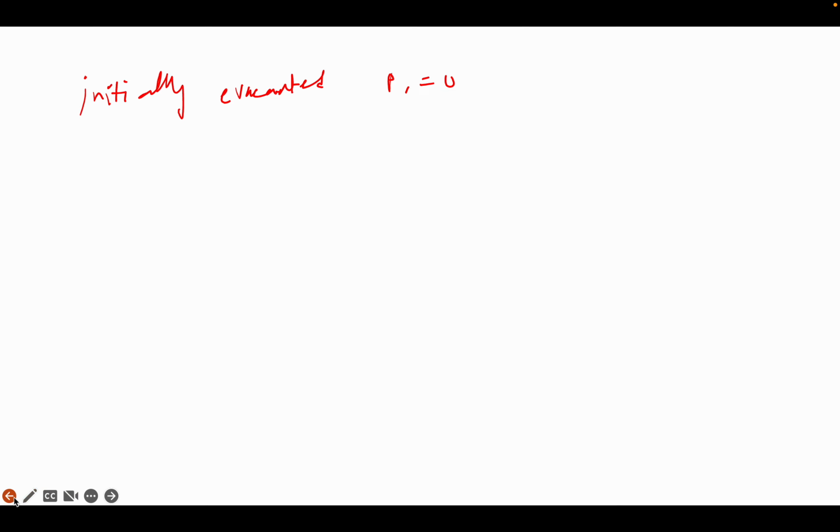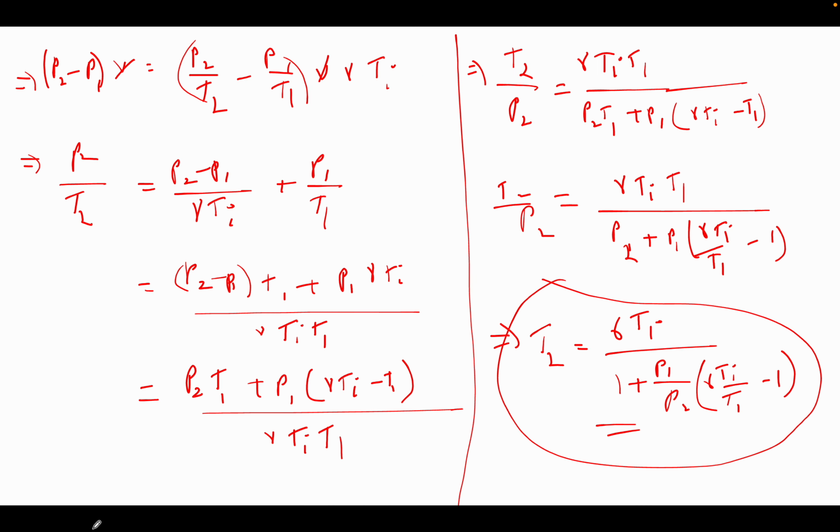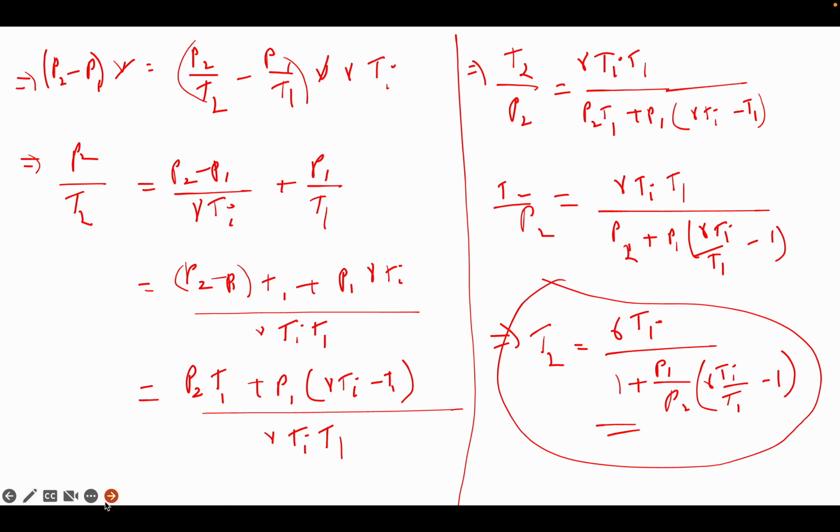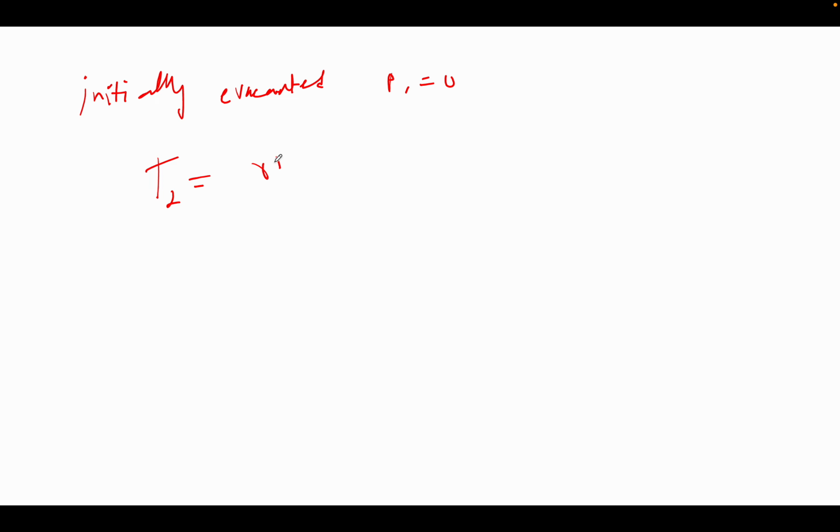Putting P1 equal to 0, the T2 expression becomes gamma times T_i divided by 1 plus 0. This entire term is 0, so this will be gamma times T_i. Okay, so this is your answer. Thank you for attending this class.